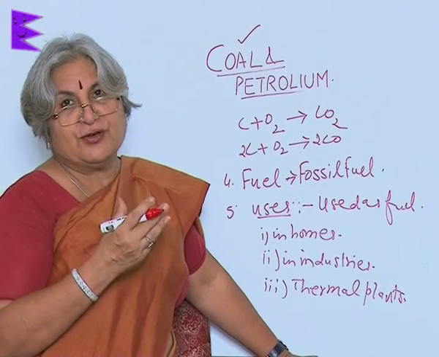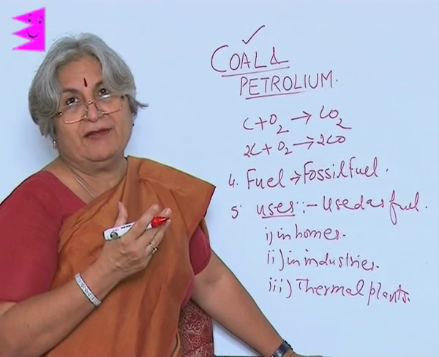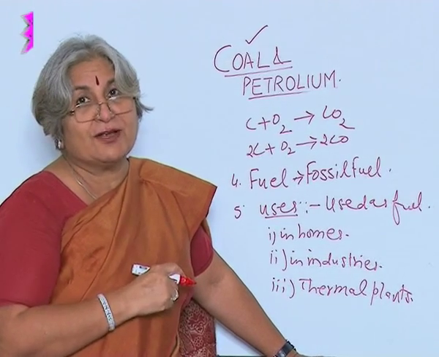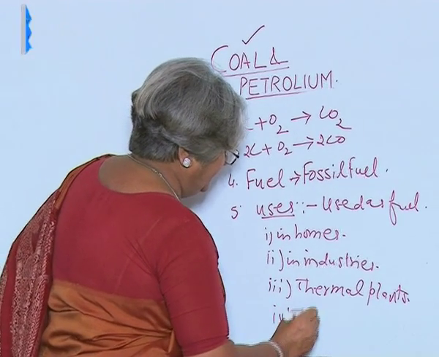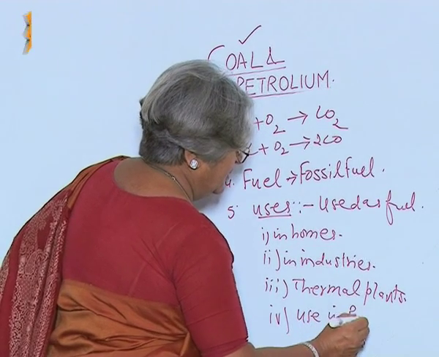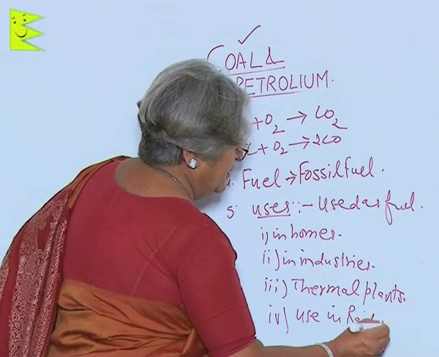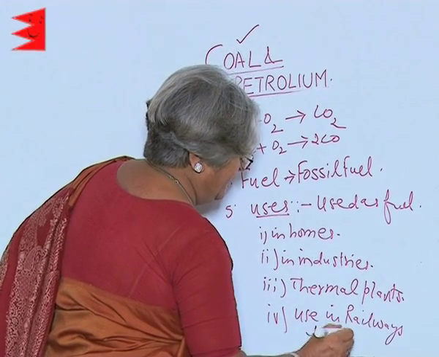Lot of coal was used to produce steam which was able to push railway engines. That is why what were they called? Steam engines.